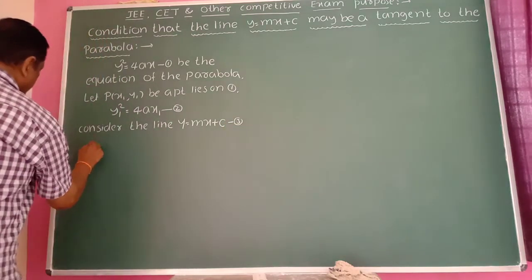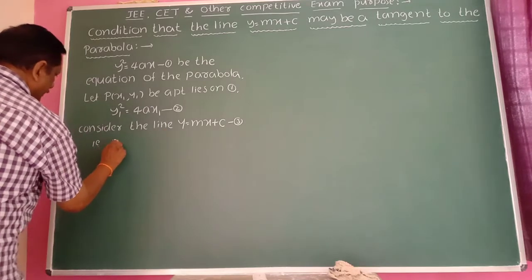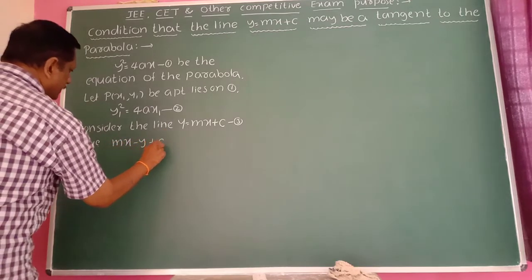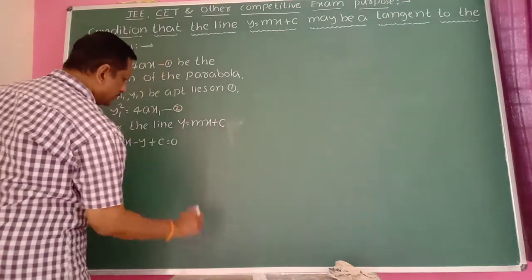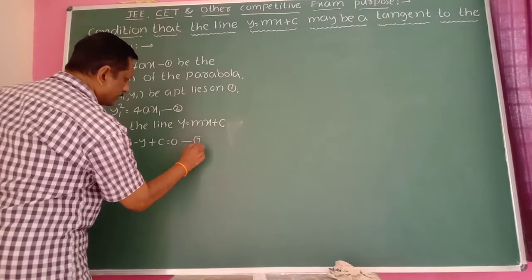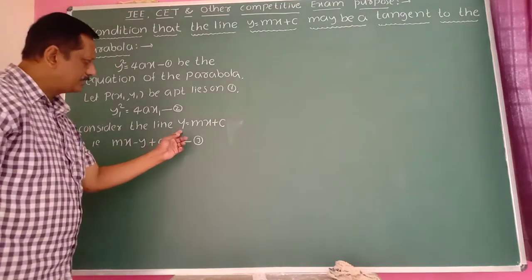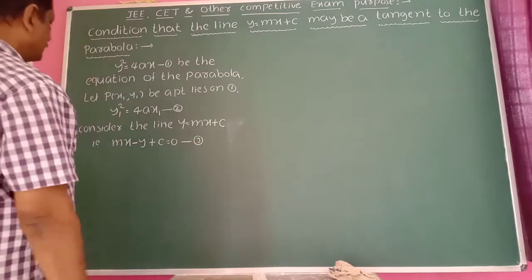That is, take y to the right side, so mx minus y plus c is equal to 0. Instead of taking this as a third one, take this as equation number 3. Both are the same, I am just taking y to that side: mx minus y plus c is equal to 0.